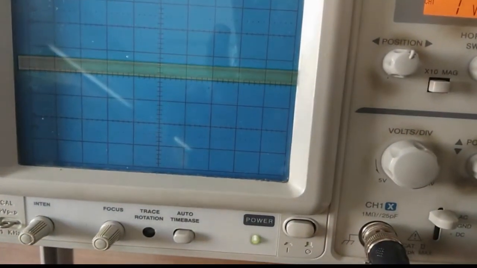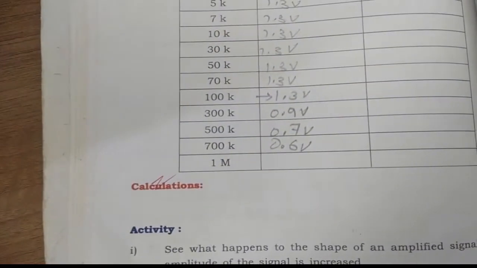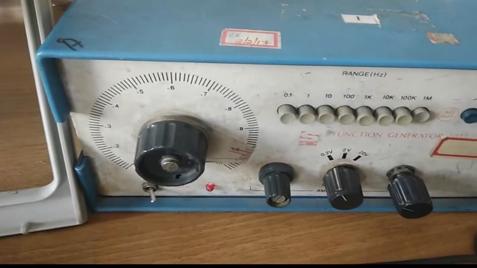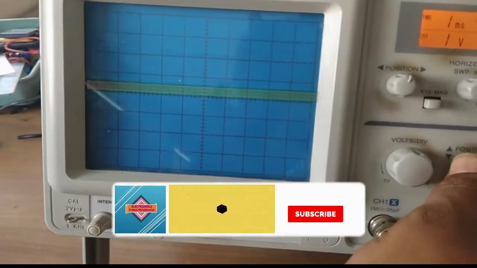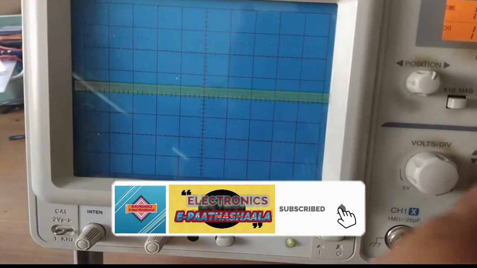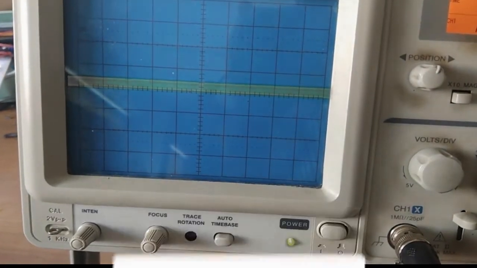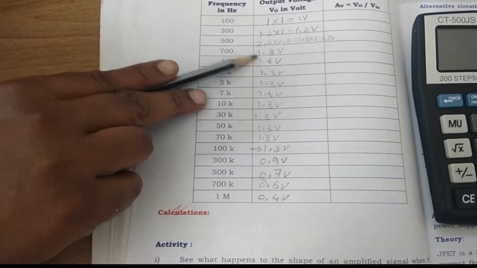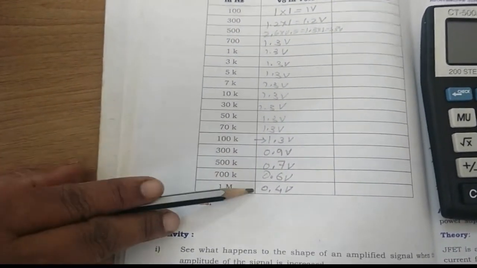Small change, it is 0.6, I will write. Then 1 mega I will take. You could notice the waveform still shrinking. I'll readjust this. You could notice it has dropped down to 0.4. 0.6 to 0.4 volt. So initially it increased, becomes constant and then decreases.